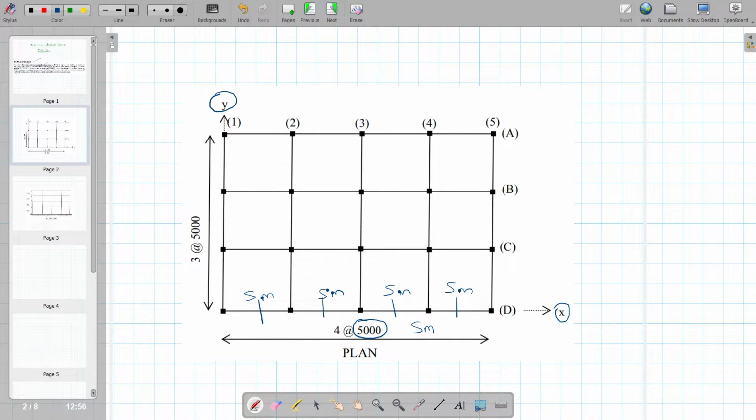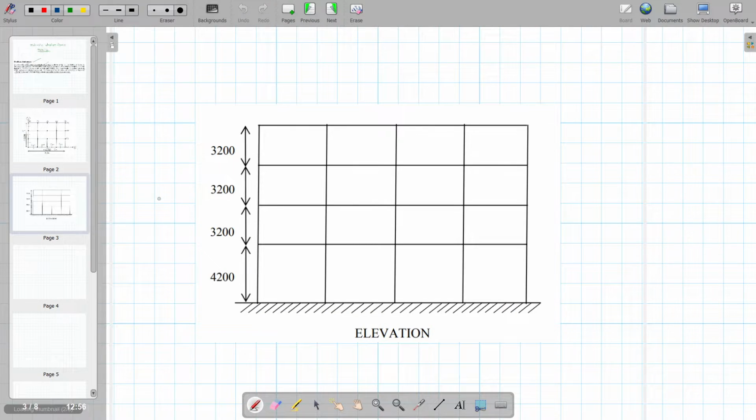If you see the Y axis, these are 3 bays, again each 5 meter or 5000 millimeter. Next is the elevation. Here you can see this is the first story, this is second, this is third, and this is the roof.